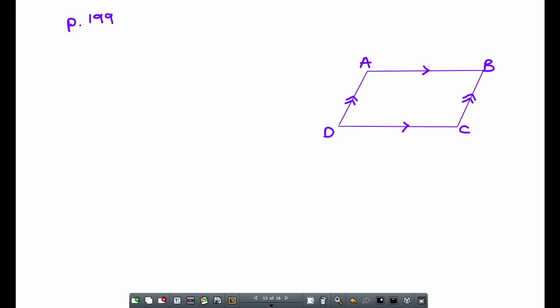Now, the area of a parallelogram or a rhombus, can I say like that? Parallelogram, okay, and rhombus.